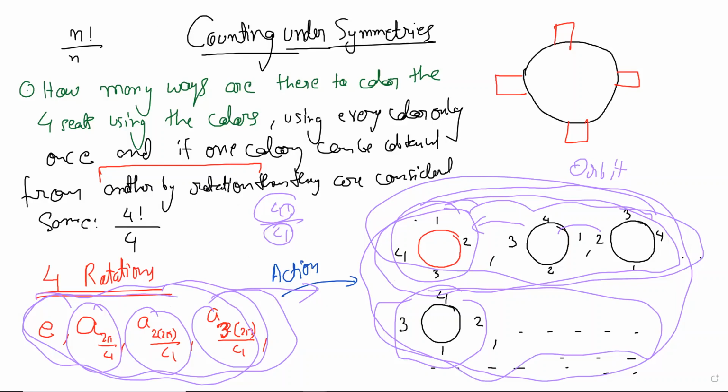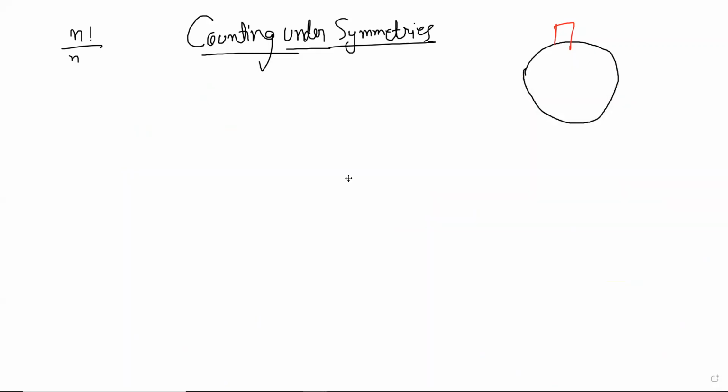Okay, so now this is very, very simple. Let's make it more complicated. If we allowed reflections also, then what would happen? Let's just see that for a minute, and then we'll see it for a cube.